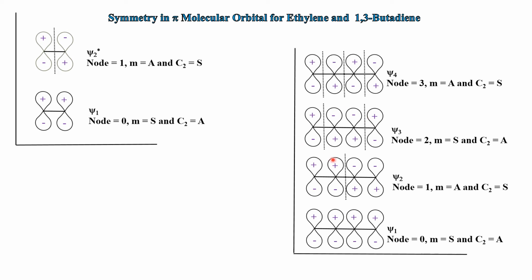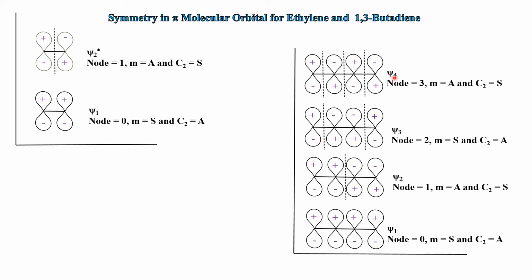This is Ψ3 at energy level 3. Plus, minus, minus, plus. So these two orbitals have interaction, while these two orbitals don't have interaction. So there will be one node on each side. So two nodes are available.